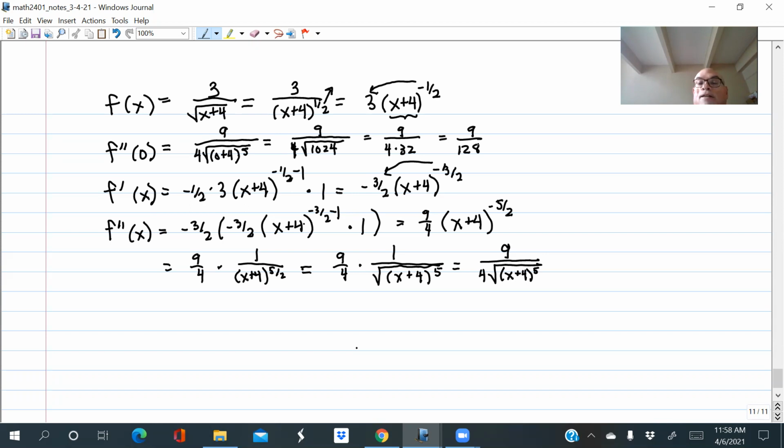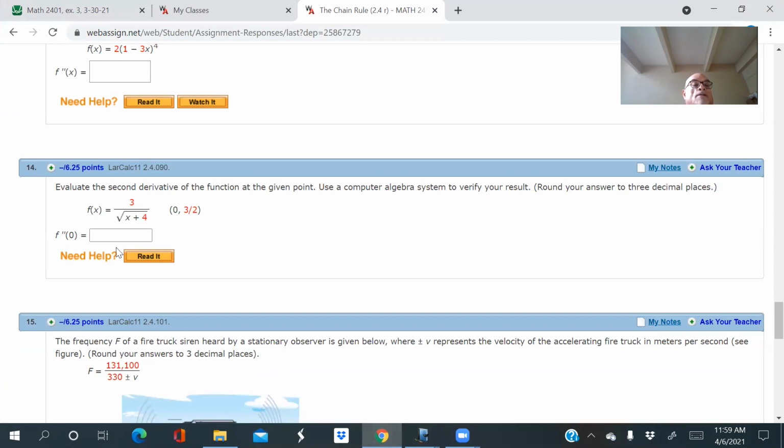So I get approximately 0.070. So that's what I think is the answer there for f double prime of 0.